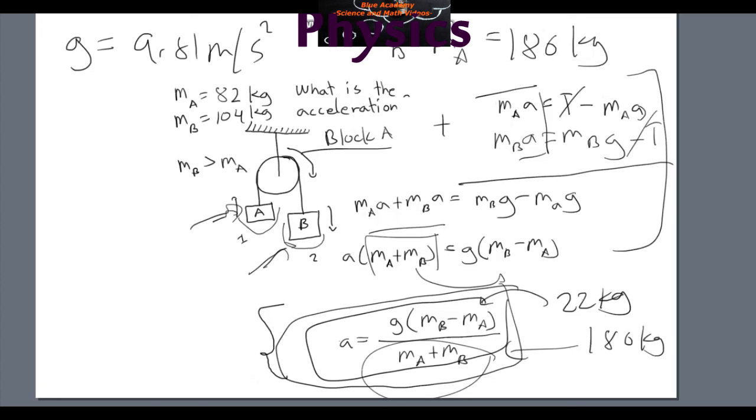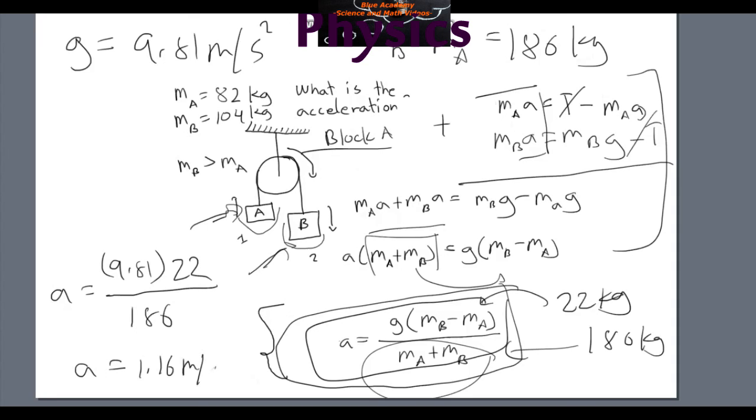Now, our gravity is 9.81 meters per second squared. So we have 9.81 times 22 kilograms over 186, and that answer should be 1.16 meters per second squared.